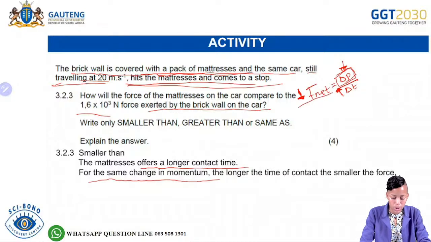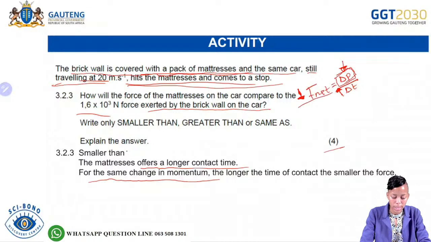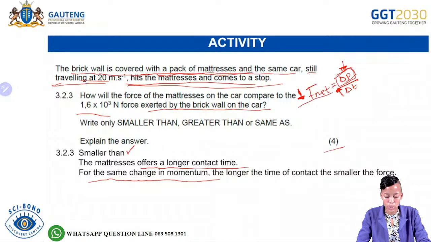Okay, so this question here is very, very important, and it has a total of 4 marks. So you would get a mark there for the smaller than, you would get a mark there for the longer contact time, and you would get a mark for the same change in momentum, and a mark there for the conclusion.